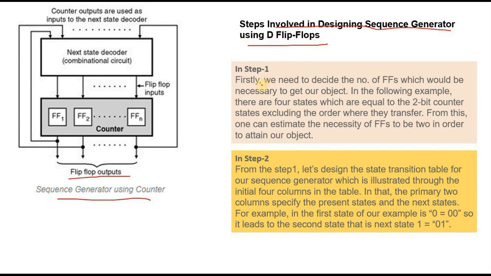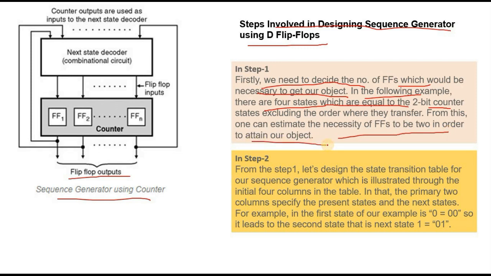First we need to decide the number of flip-flops necessary to get our objective. In the following example, 4 states are equal to a 2-bit counter. From this one can estimate the necessity of flip-flops to be 2 in order to attain our objective.